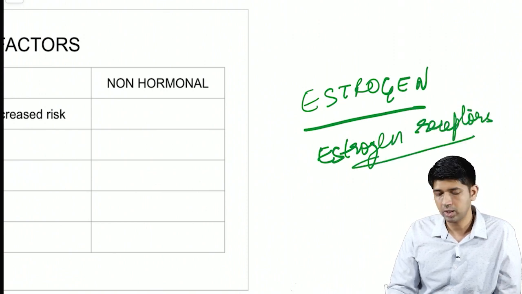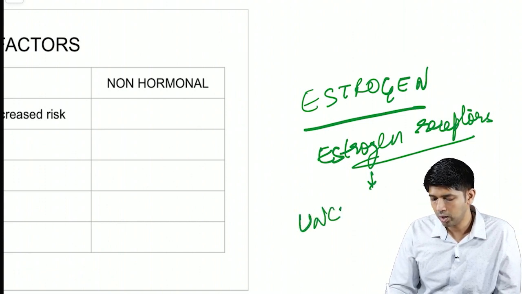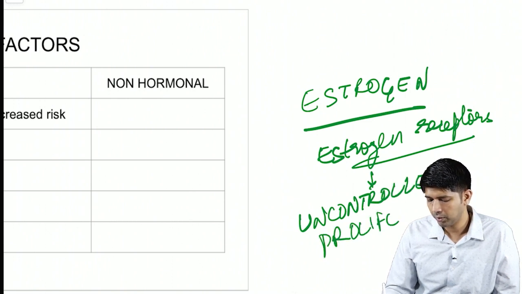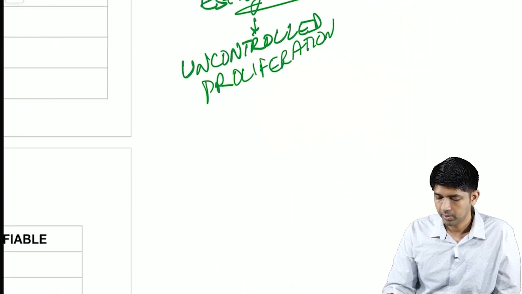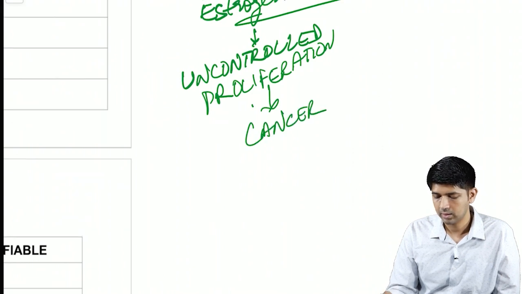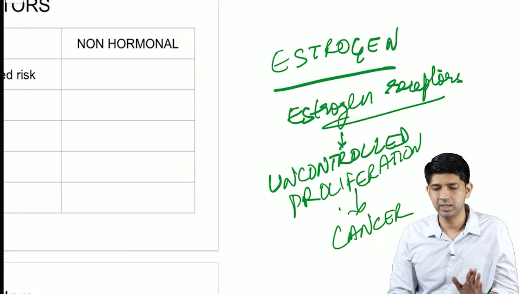So when there are estrogen receptors and when there is excessive estrogen in the body, they cause uncontrolled proliferation, and this can cause cancer. Alright. So estrogen is one of the most important factors for developing CA breast.